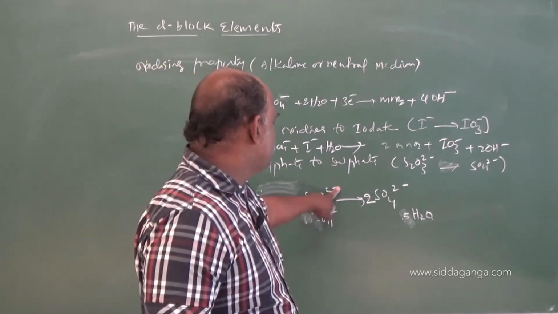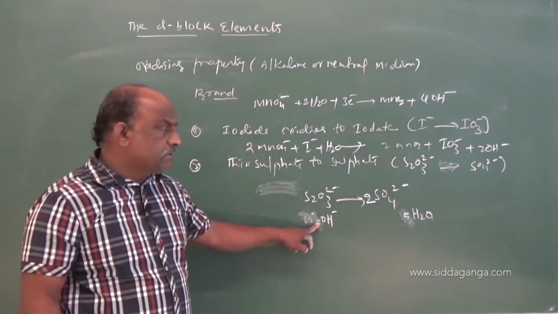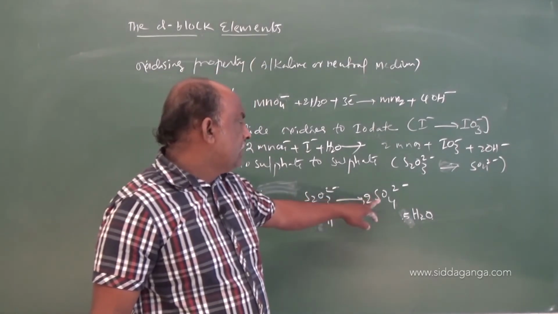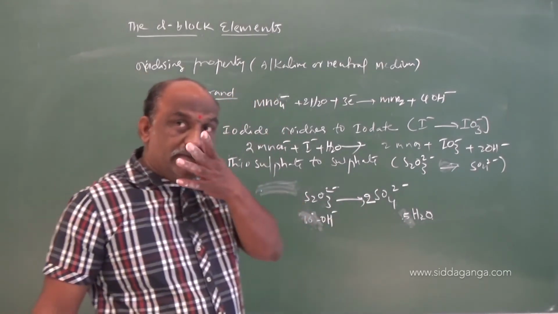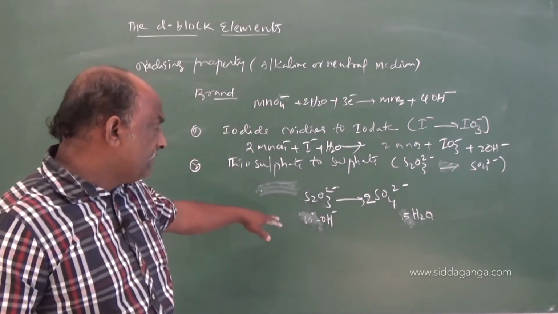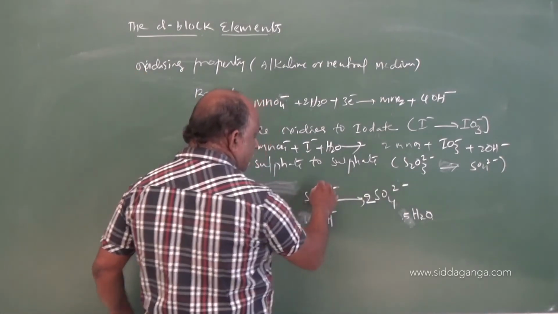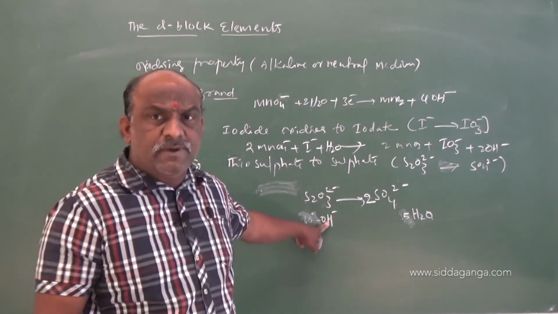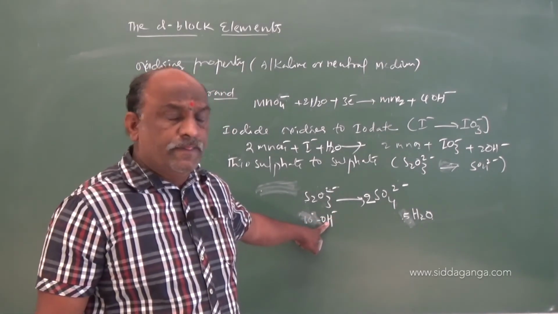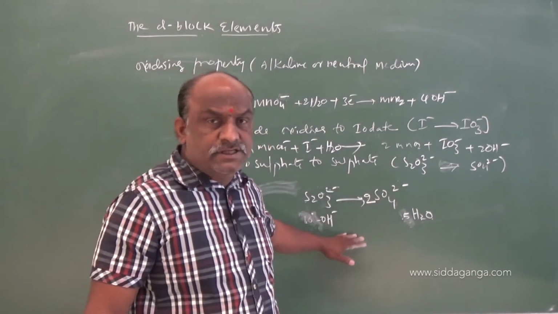S2O3 2 minus plus 10 OH minus gives 2SO4 2 minus plus 5 H2O. This is the balanced equation. So in this equation, the minus 2 charge gets cancelled. How many OH minus will be there? 10 OH minus means minus 10 electrons. Overall, 10 electrons are involved in this equation.